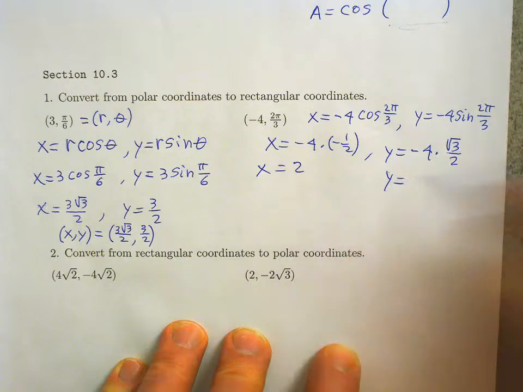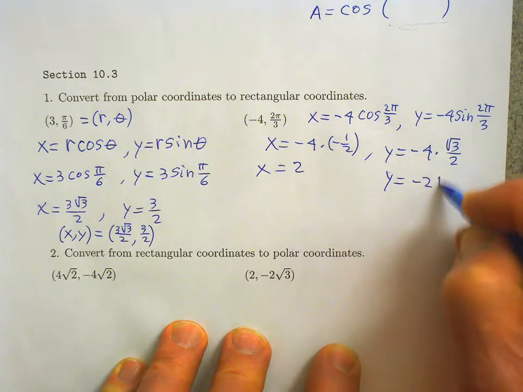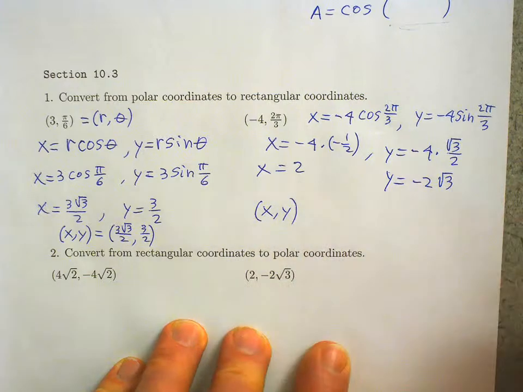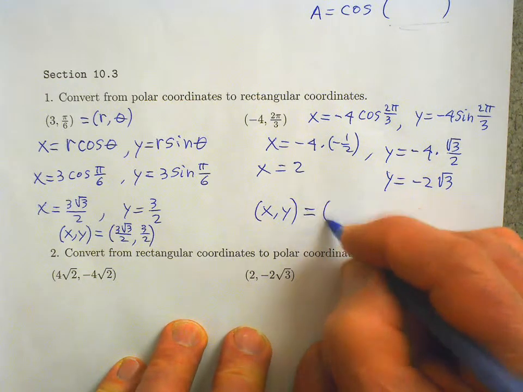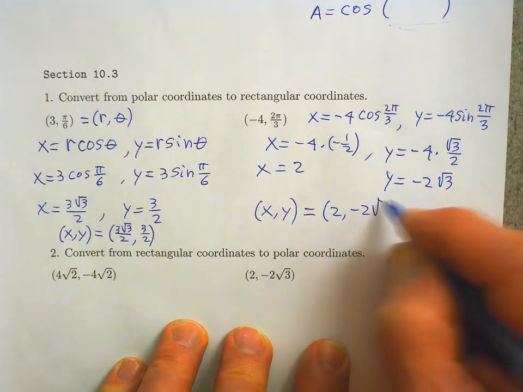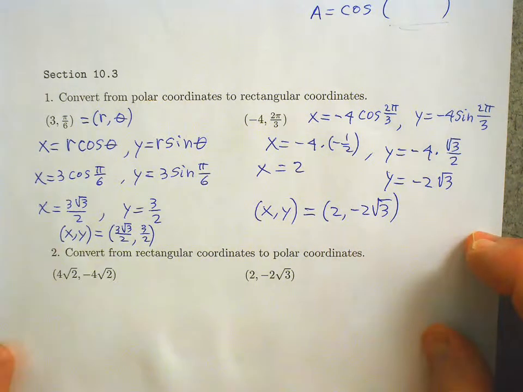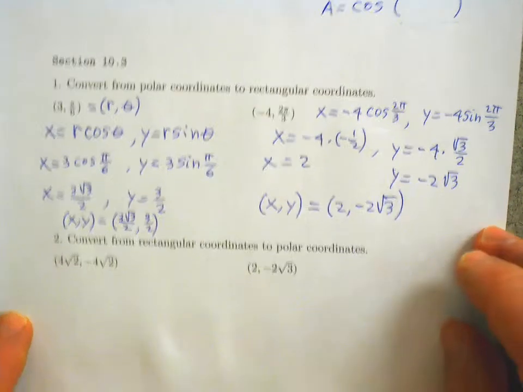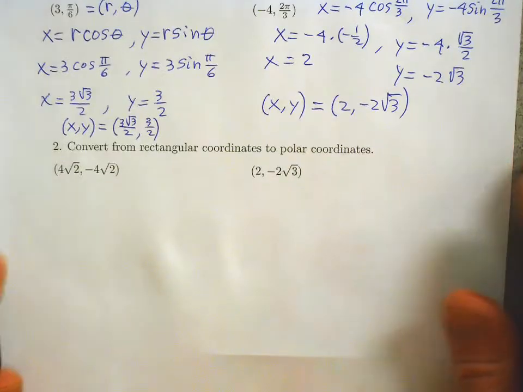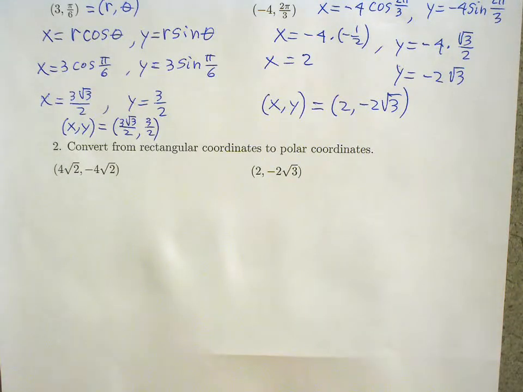So the y-coordinate is -2 times the square root of 3. So the rectangular coordinates, (x, y): the x-coordinate is 2, and the y-coordinate is negative 2 times the square root of 3. Okay, then in the next exercise, convert from rectangular coordinates to polar coordinates.